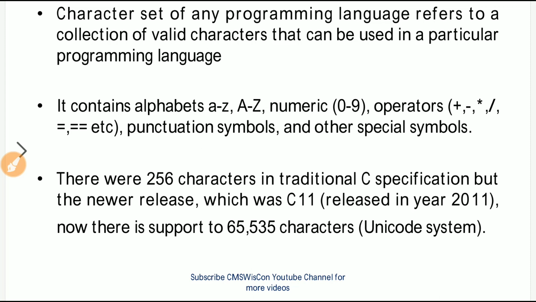There were 256 characters in traditional C if we talk about C89, but the new release, C11, released in 2011, now supports up to 65,535 characters. So now C has started supporting the Unicode system just like Java.